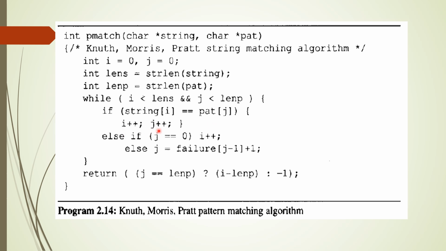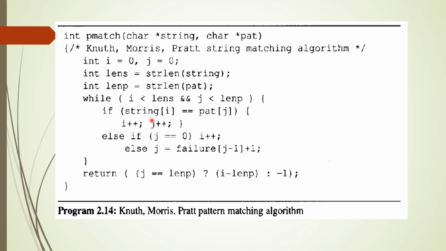So with respect to the KMP algorithm, you start comparing the first character of the text with the corresponding character of the pattern. If there is a match, go to the next character. Again, if there is a match, go to the next character. Whenever a mismatch occurs, the shifting of the pattern is decided by the failure function.